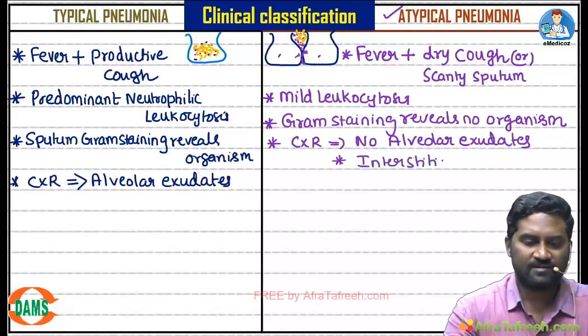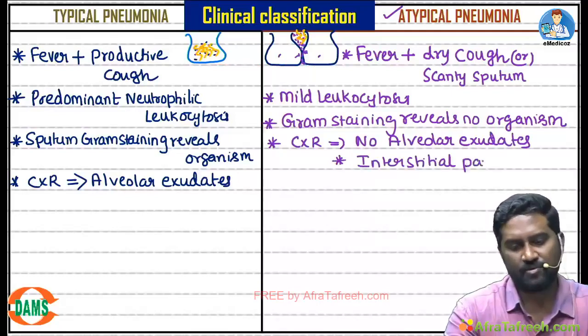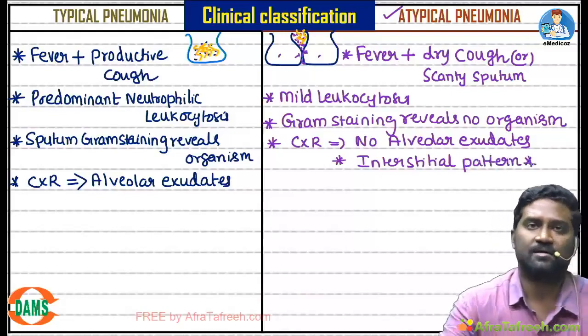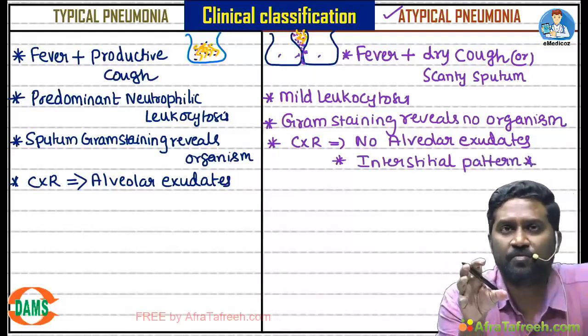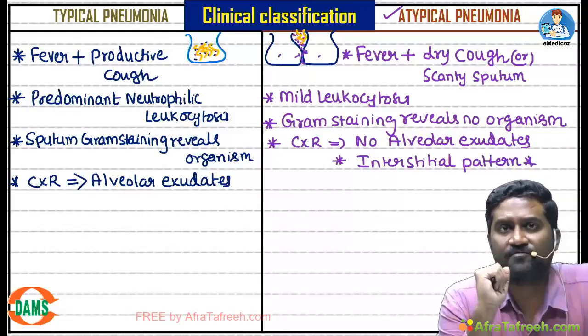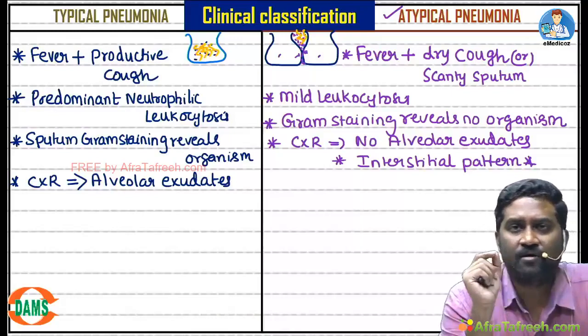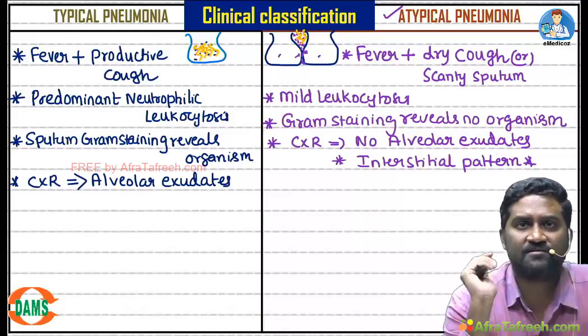What is this interstitial pattern? I will show you on X-rays. What you see is called an interstitial pattern. So there will be no alveolar exudates, because alveoli are not filled with secretions.